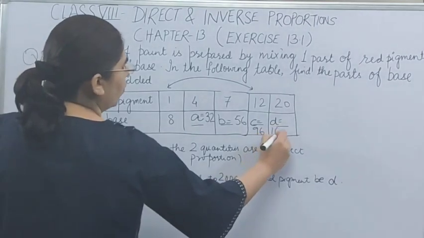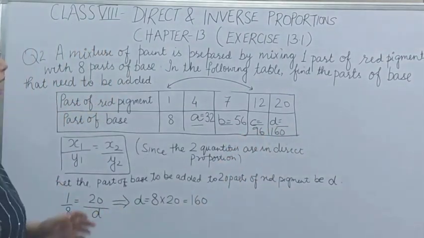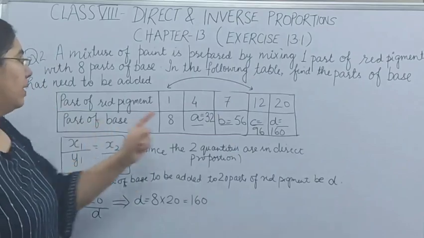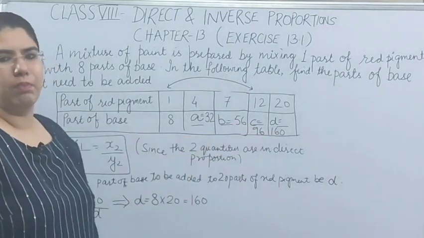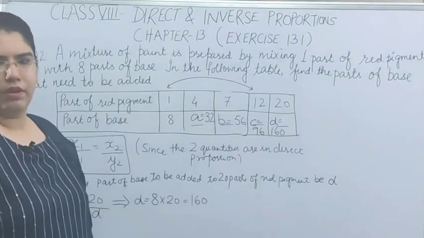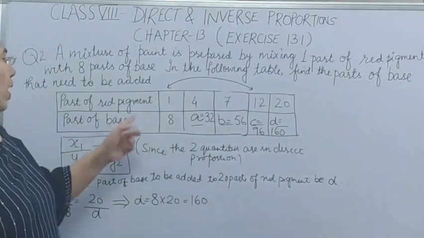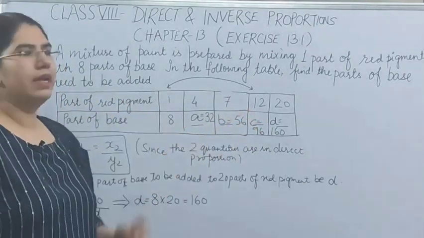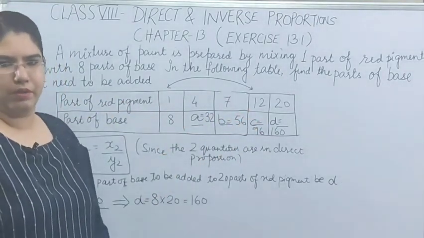So we can conclude that we will be required to add 160 parts of the base to 20 parts of the red pigment.